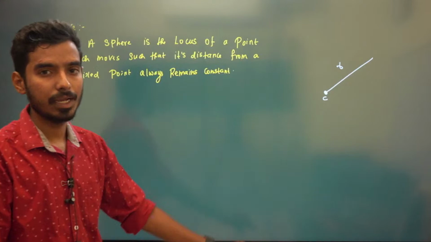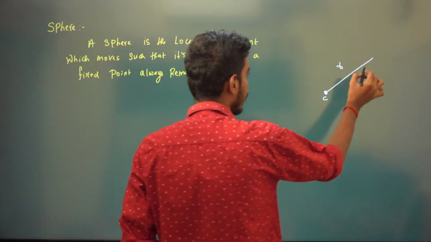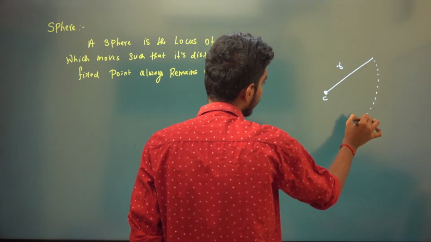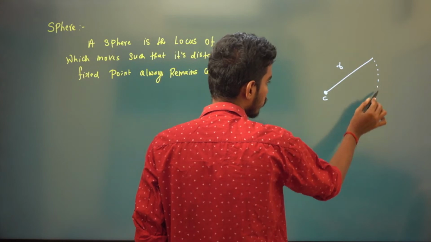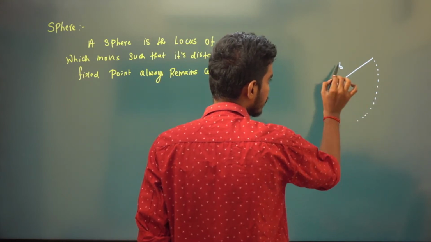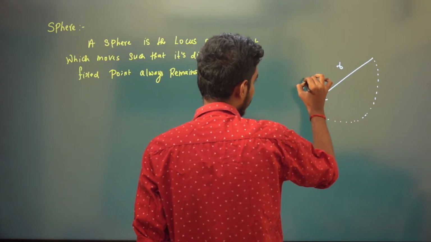So we have a fixed point and a fixed distance R. Now you need to collect all those points such that whatever point you take on this boundary, the distance from that point to the center is the same as R. This is the definition of a circle.